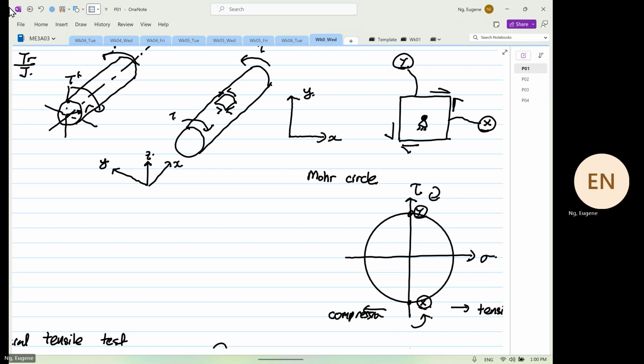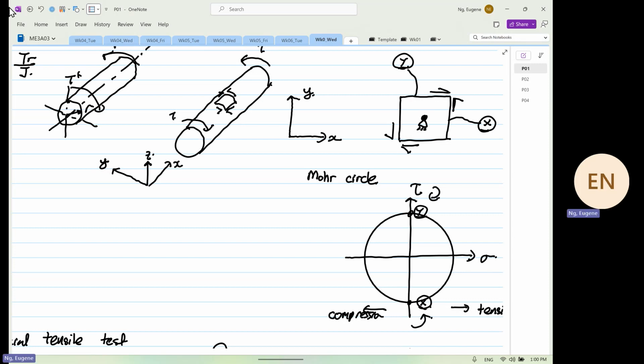And this is the other direction. Can you see that? Yes or no? Right? Can you see the difference? Yes or no? Okay, so by using what? By using Mohr's circle, we now can determine the what?